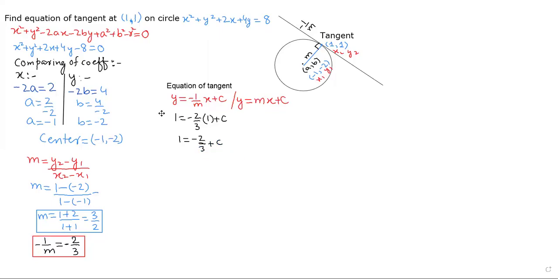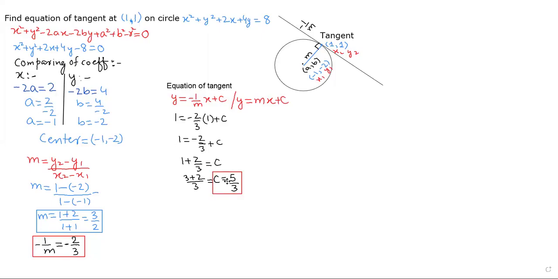So either first take the LCM, then shift 3 to the other side, or shift the whole fraction over here, which I'm doing: 1 plus 2 over 3 equals c. So when I simplify, taking the LCM, 3 plus 2 over 3 equals c. So the value of c is coming 5 over 3. This is the value of c which we have got for the tangent line.